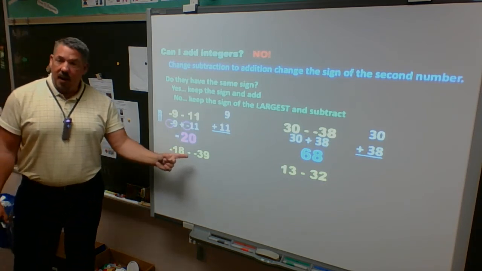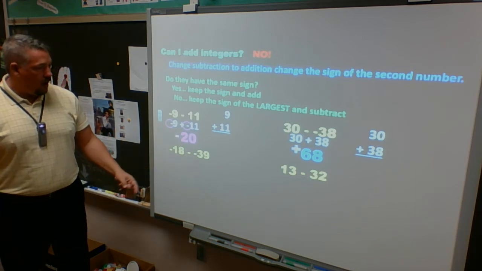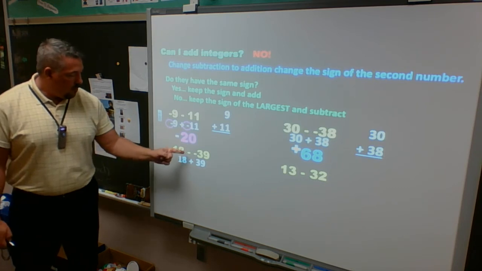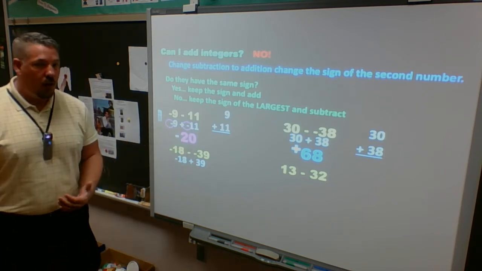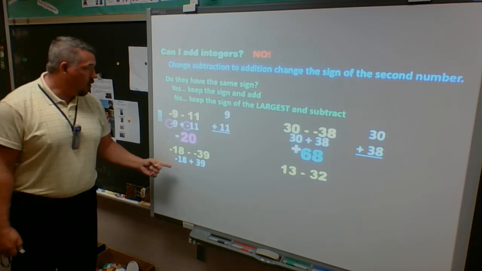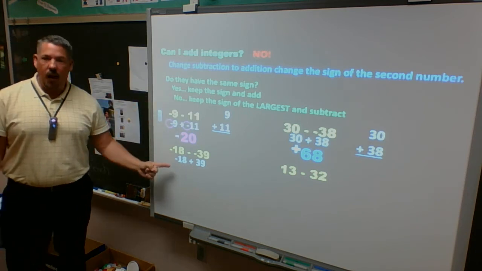On the third one, I cannot subtract, so I have to change subtraction to addition, and then I have to change the sign of my second number. I have addition. Notice I don't have a sign on my 39. I don't have to because I know it's my understood positive. Now I go to my addition questions. Do I have the same sign? I don't.